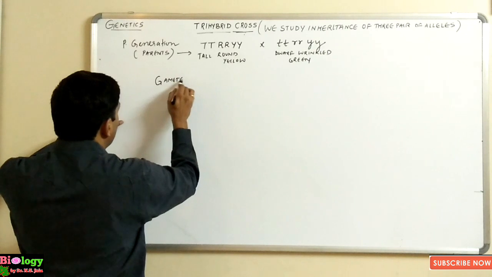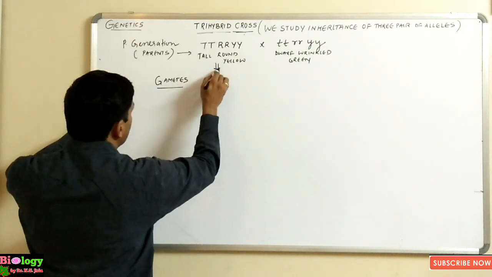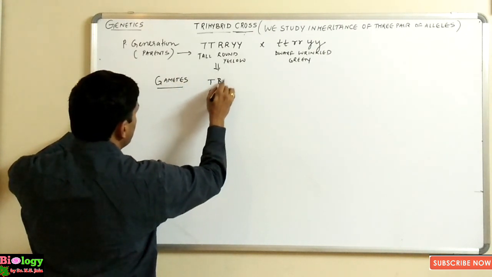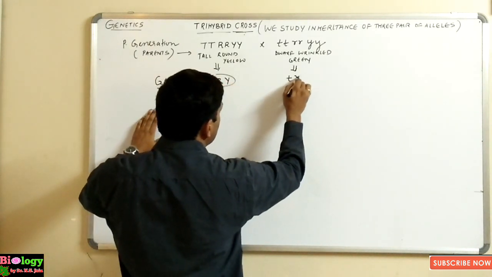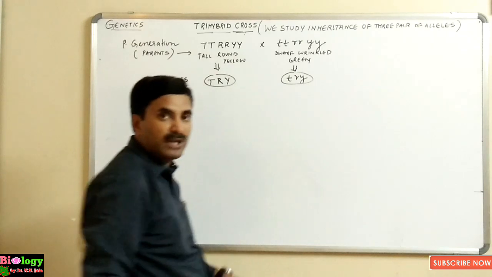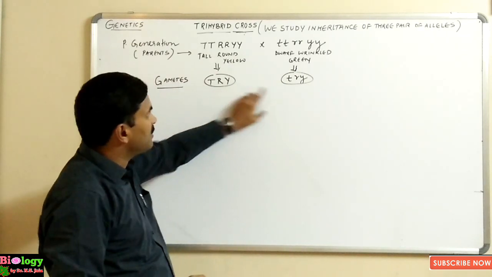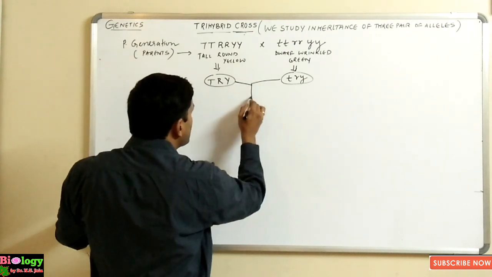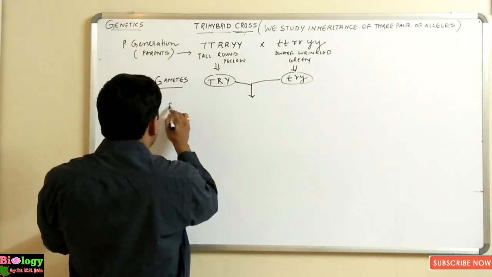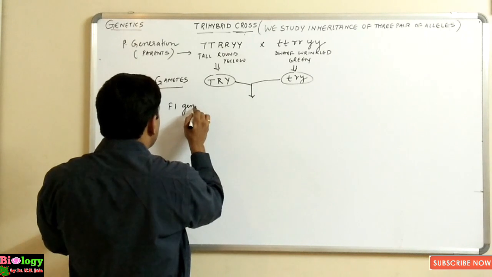Now by crossing the parental generation, first we have to make the gametes. The gametes will be capital T, capital R, capital Y, and from the other parent small t, small r and small y. While crossing these gametes we get which generation? The F1 generation.